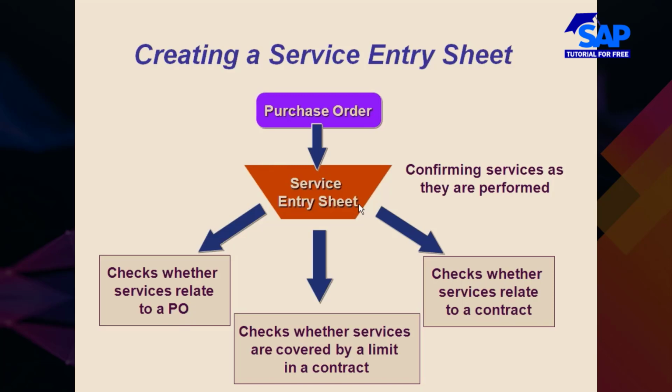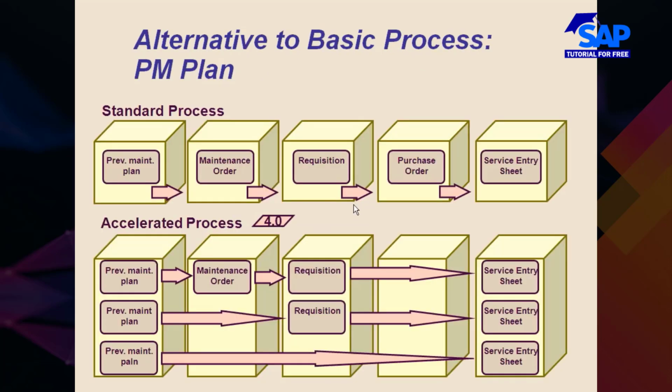So therefore, the system generates a material document as well as an accounting document. Then, the basic process, what we have seen, is the standard process: creation of a PR, then PO with reference to the PR, and doing service entry. That is the normal process.